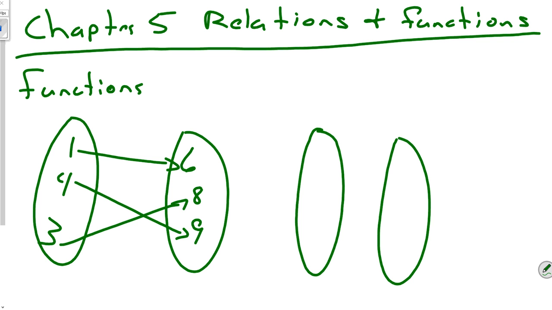Like if I had something like this, like let's say I had two things like this. Two numbers can go to the same thing, right? Like see here how both 6 and 3 went to 7?